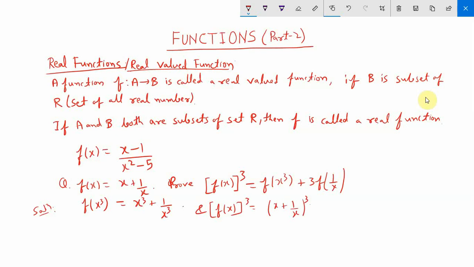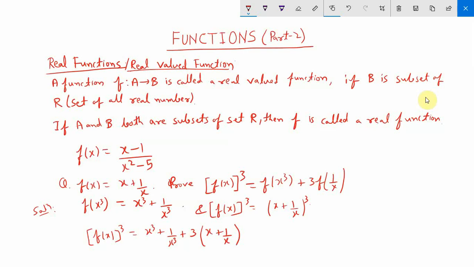So we can write this (f(x)) whole cube equal to x cube plus 1 by x cube plus 3 into x plus 3 into 1 by x. This we have expanded from the formula (a plus b) whole cube.